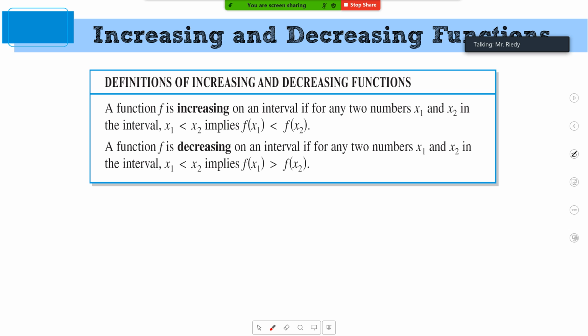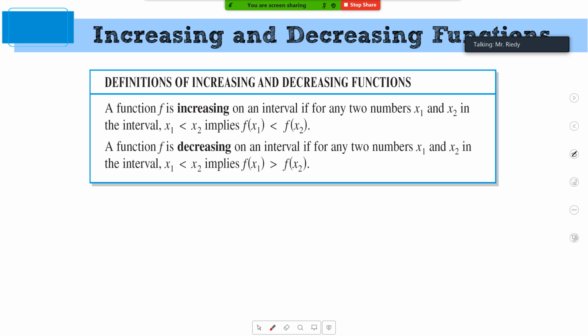In other words, if x1 is to the left of x2, then the y value for x1 has to be lower than the y value of x2. The opposite is true for decreasing.